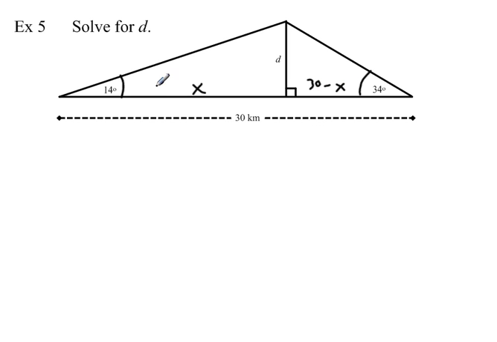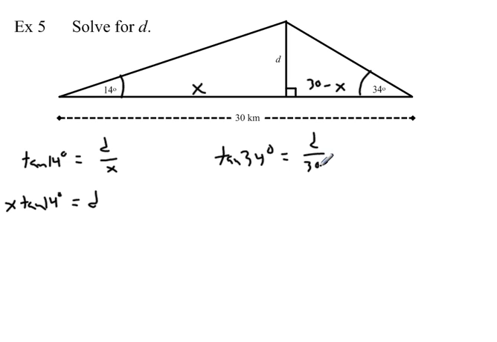So now we can use some tangent ratios. I can say the tangent of 14 degrees equals D over X. And in fact, we can solve that for D and say D equals X times the tangent of 14 degrees, whatever that happens to be. Okay, now I can do the same thing on this side. I can say the tangent of 34 degrees equals D over 30 minus X. And solving for D gives me D equals 30 minus X times the tangent of 34 degrees.